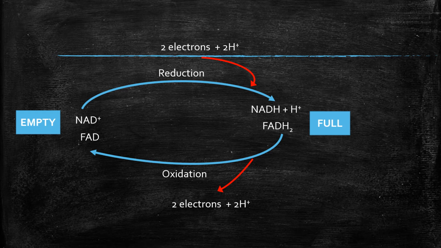That is like the full battery form, and it can then donate its electrons through the process of oxidation to another molecule. So these are the two coenzymes. Well, there are multiple enzymes and coenzymes throughout our process, but these two are important. They're used over and over again in cellular respiration.